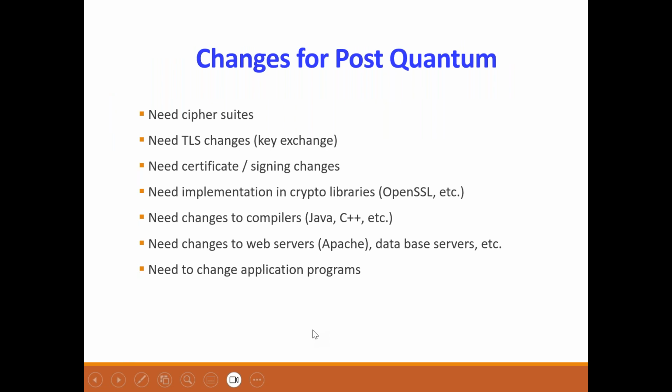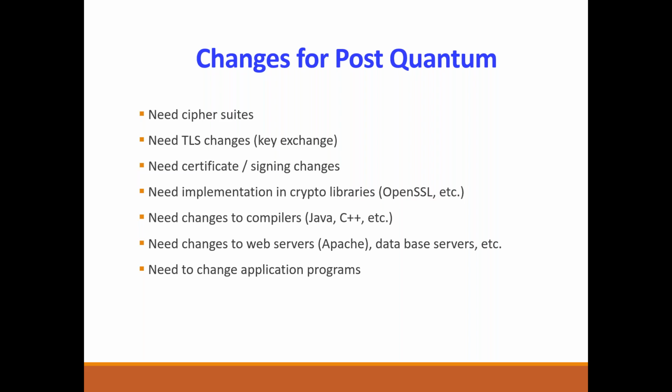So now that I've told you all of this, be prepared for changes. A lot of what I've told you will change. Changes have started already for post-quantum work.